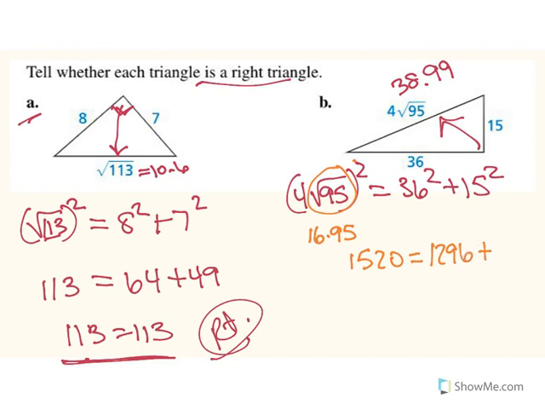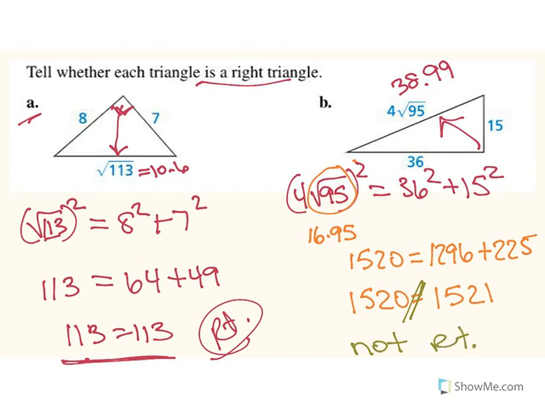And 15 squared is probably still 225, right? Yep. You never know. So that gives us 1520 equals 1521. That is not a true statement. That is not equal, right? And so this is not right.